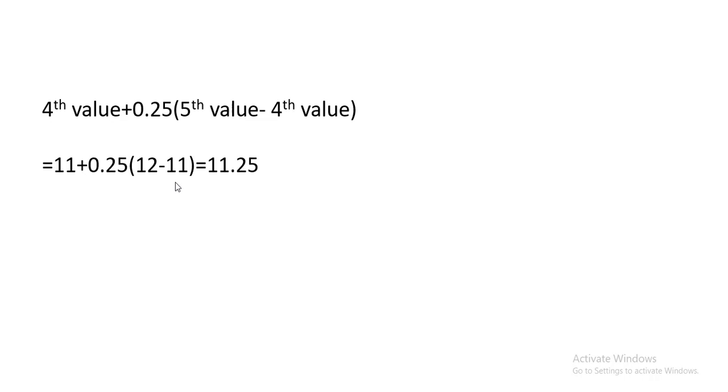Whatever number is written at that position, we have to use the same number. So 11 plus 0.25 times (12 minus 11) gives me 11.25. Alright, so P25 is equal to 11.25.